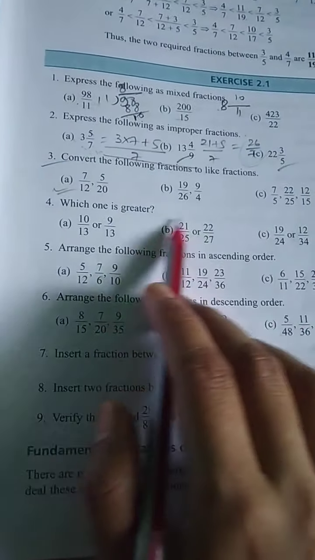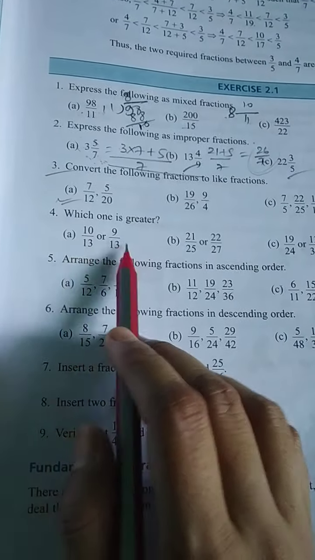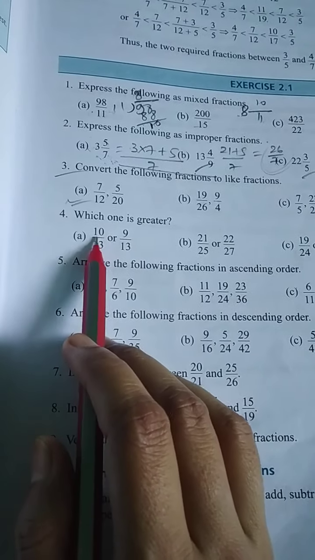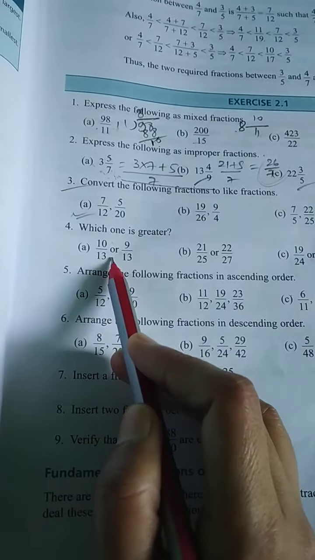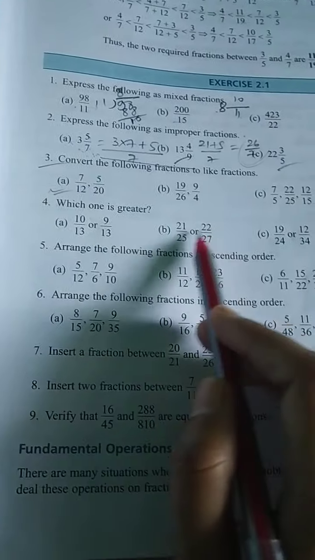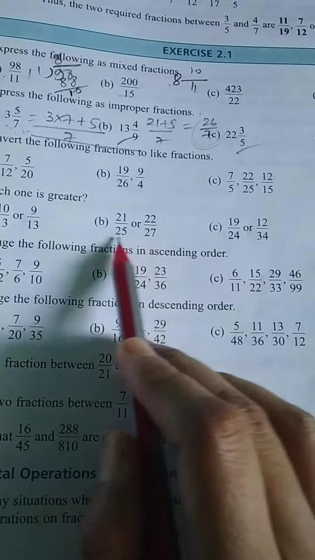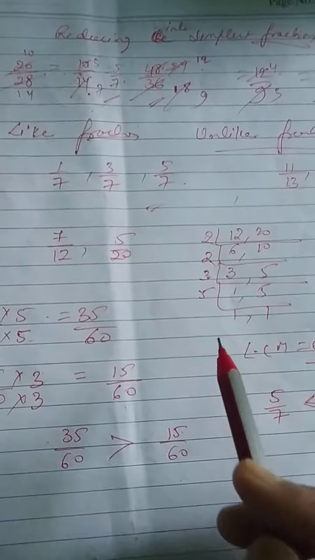After that you can compare them also. In this question number 4, which one is greater is asked. So if the denominator is already same, no need to make the denominator same. You tell me, 10 by 13 is greater or 9 by 13? 10 by 13 is greater, so it will be greater. Similarly, if the denominator is not same, you have to make the denominator same by taking LCM, as I have explained this method.